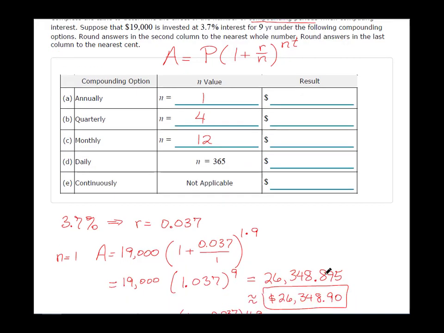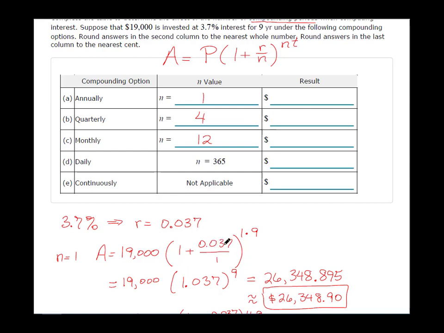So if I'm looking at annually, I'm filling in the numbers here. 19,000, 1 for the compounding period, 9 for the length of time, and here's my R. So that's pretty easy to calculate.